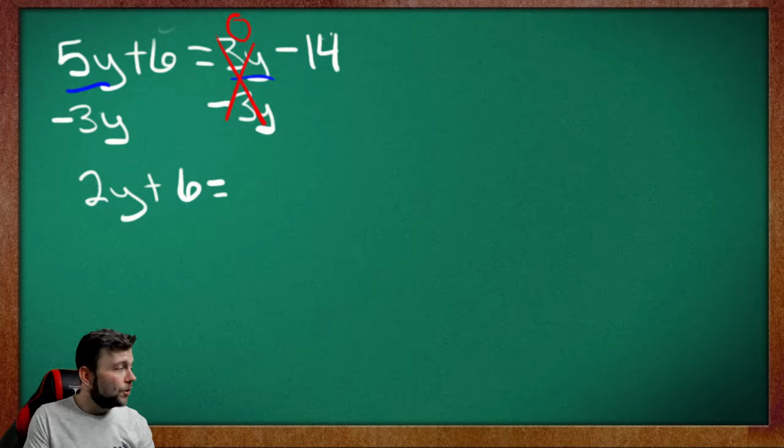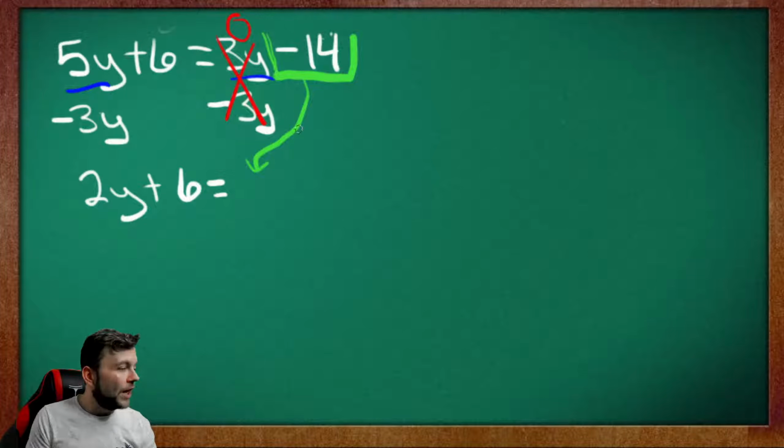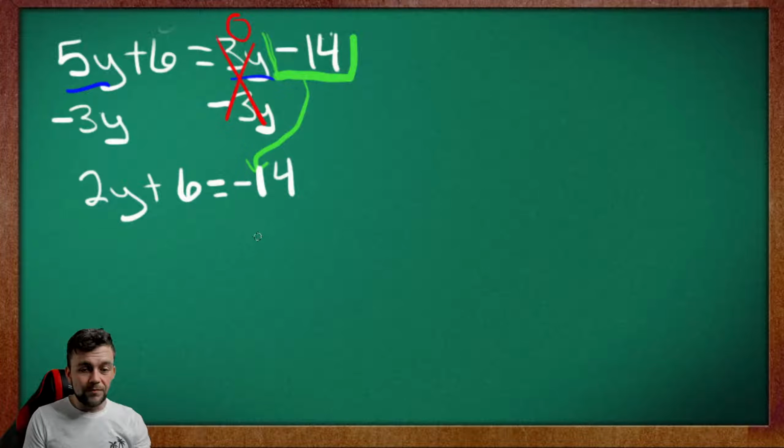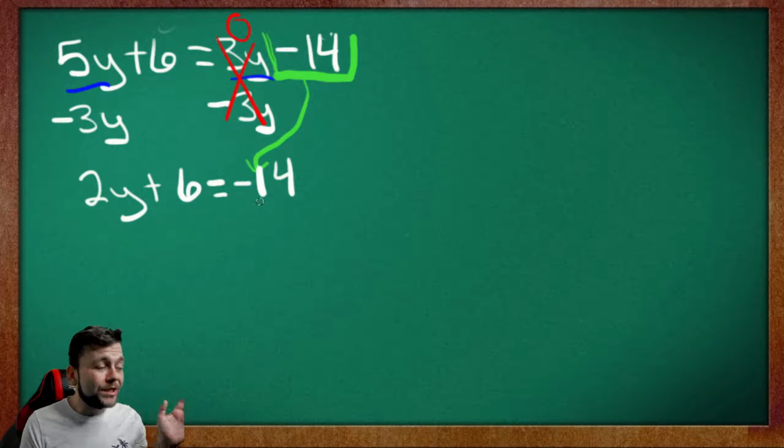And then just make sure that you're bringing the entire minus 14 down with you, right? So we have a negative 14, and we have our new equation. Now we're back into comfortable zone. It's 2y plus 6 equals negative 14.